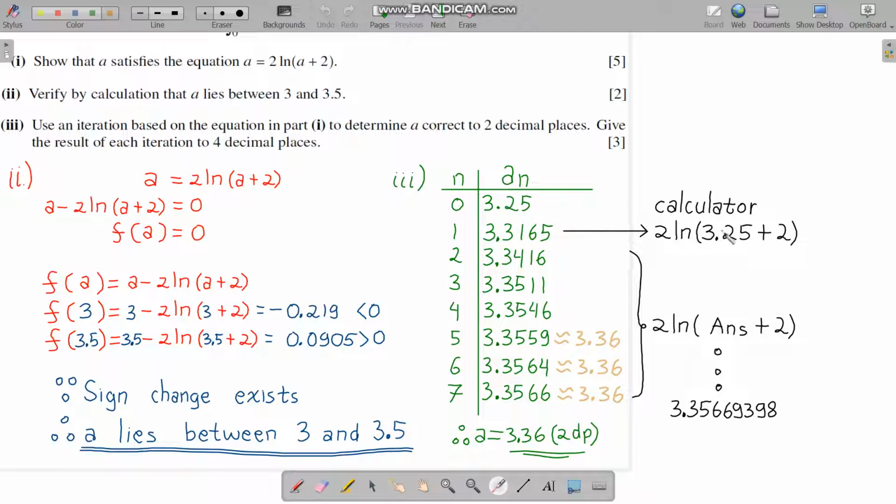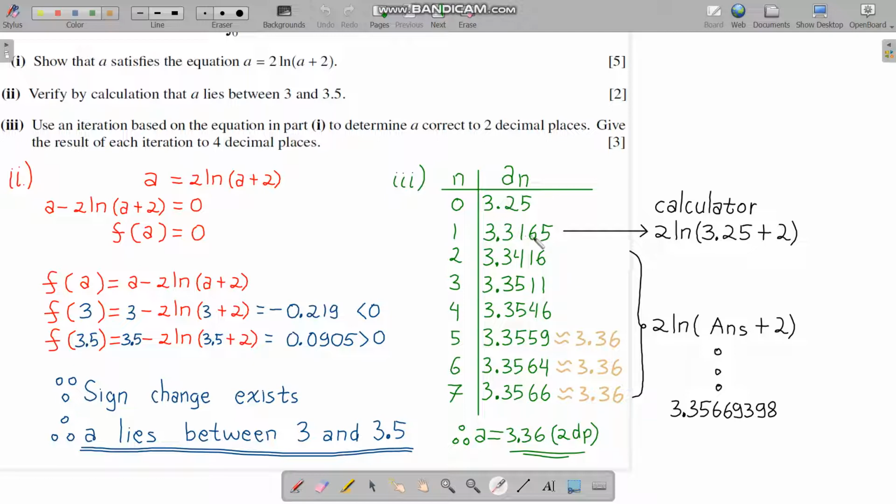And this is what you do in your calculator. You plug in 2 ln 3.25 plus 2, hit the equal sign, and you'll get this value. And for the next steps, just go back and replace the 3.25 with the answer button and keep pressing equal sign. When you press the equal sign, you'll get this value and so on.